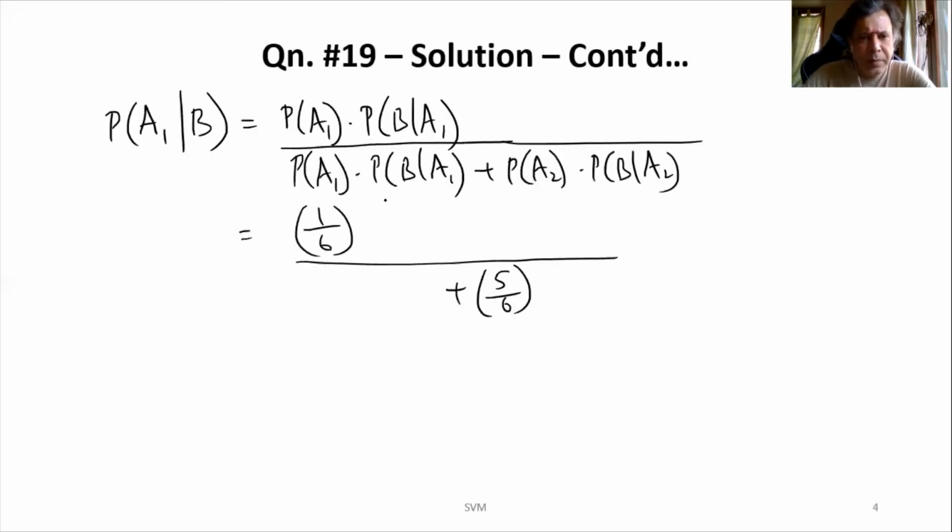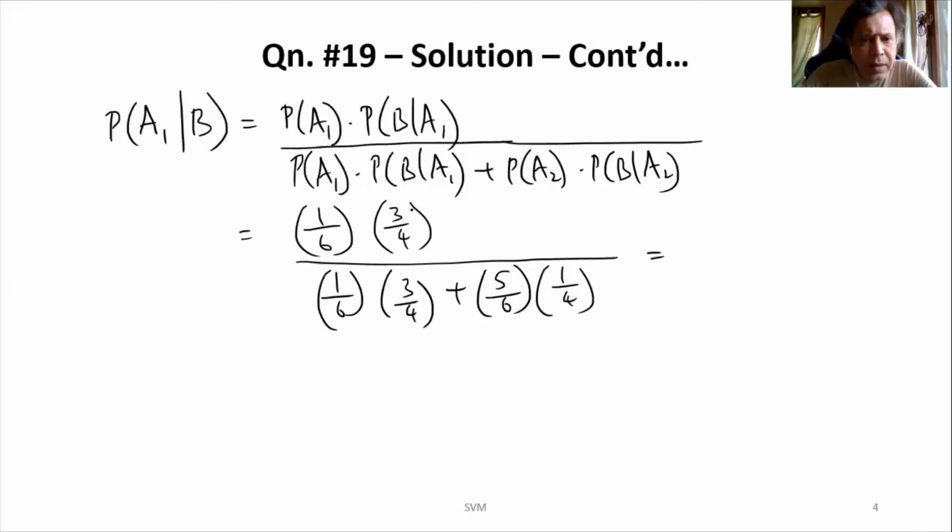So this I will repeat, 1 by 6, 3 by 4. Now this goes with this 2 times, so that means this numerator is 1 by 8. This is also 1 by 8. Here it is 5 by 24.